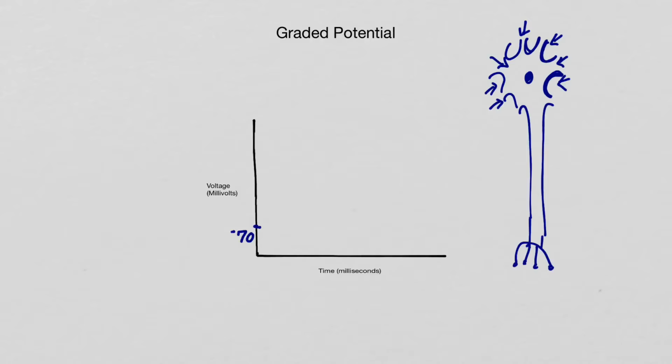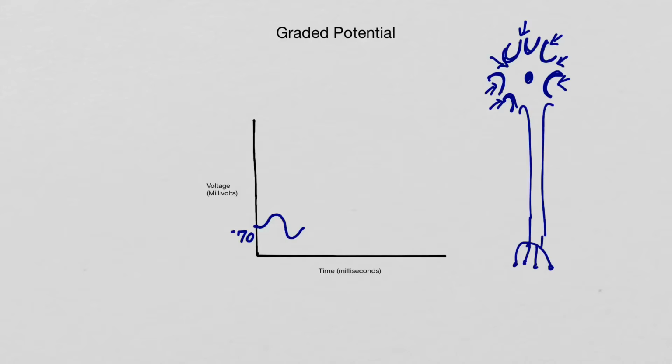It's going to just go up a little bit or just go down a little bit, depending on whether it's a signal that excites the neuron or inhibits the neuron. So these graded potentials are constantly coming into our neuron, sending information.